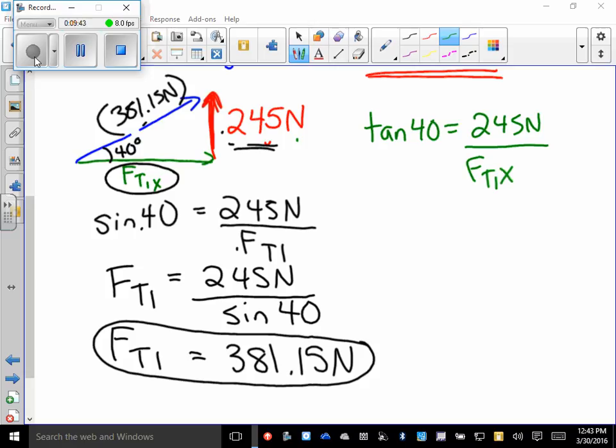Okay, so let's get Ft1x. So we're multiplying Ft1x, the force of tension of wire 1 in the x direction. We multiply both sides by that. We divide both sides by the tan of 40. Okay.